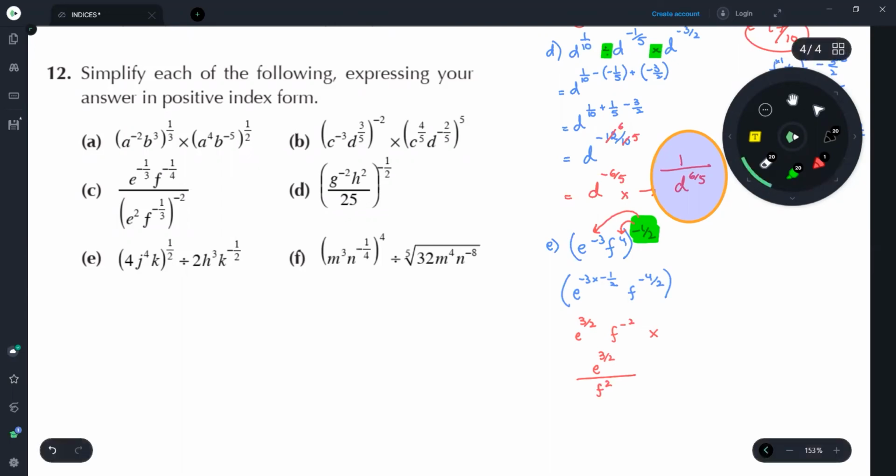So whatever you guys are saying, I'll try and do it that way, and then I'm going to try my working. So it's e to the power 3 over 2 multiplied by 1 upon f square. Yes or no? This is what you were saying. Yes, sir.